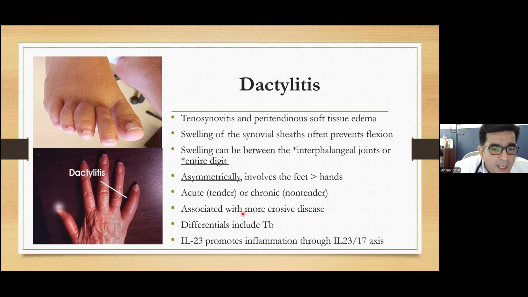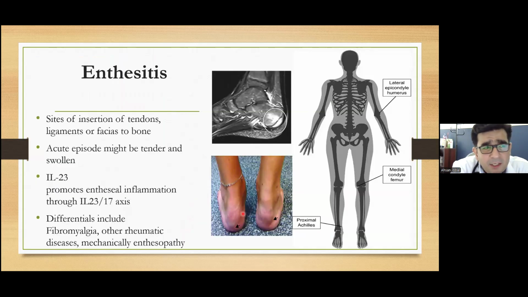And then another hallmark of the disease is enthesitis. Enthesitis is where tendons and ligaments or fascia insert into the bone. Common spots for swelling of these entheses are the Achilles tendon and the base of the elbows. And oftentimes that is where the patient will have pain.